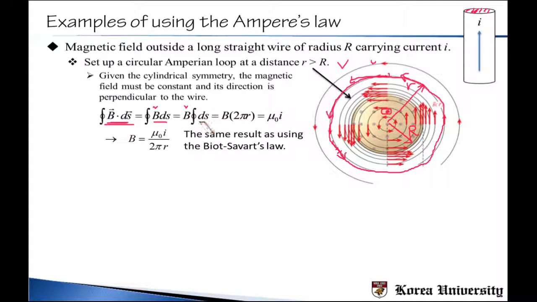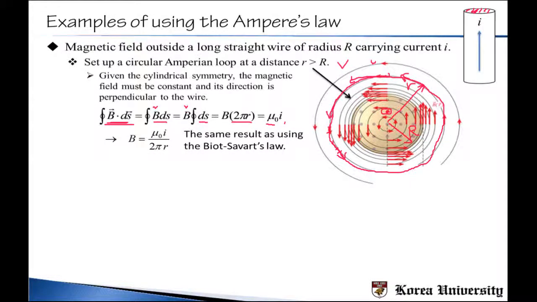So here we are integrating the small length sections along the Amperian loop going around the full loop, right? If you add them, what you actually get is nothing but the total length of the circumference of this loop. It's a circle with radius r, so of course its circumference will be 2 pi r. Okay, so we have completed the integration, and according to Ampere's law, it is equal to the permeability constant multiplied by the enclosed current.